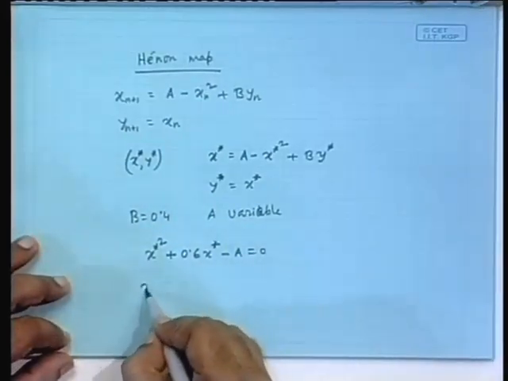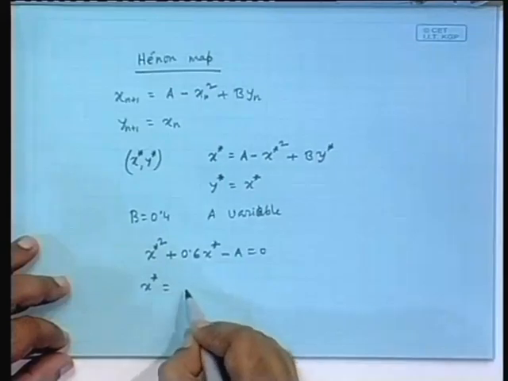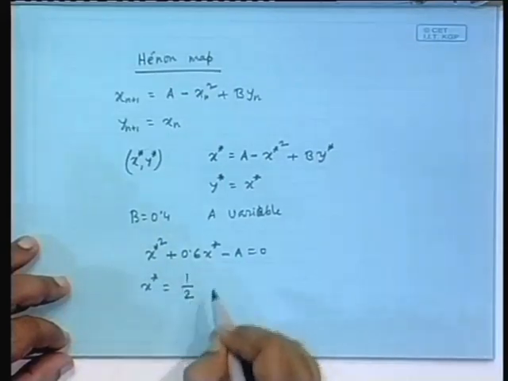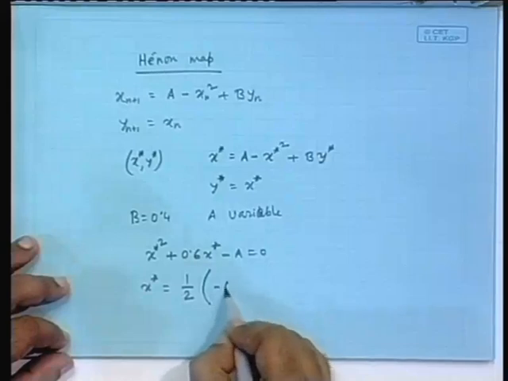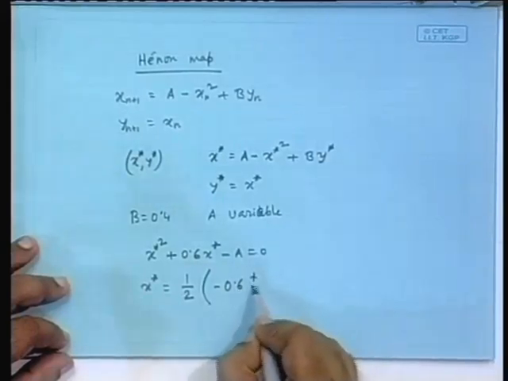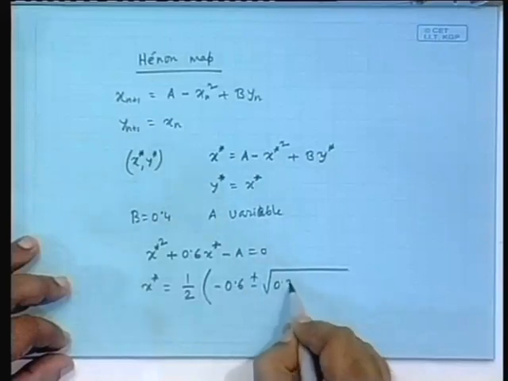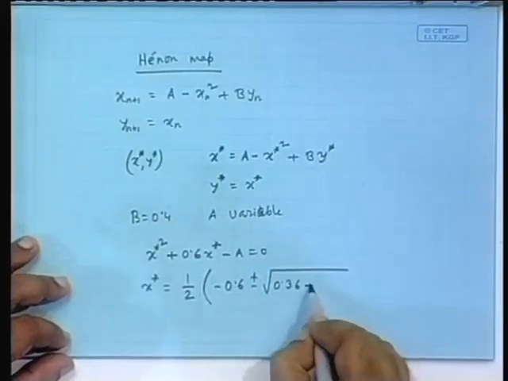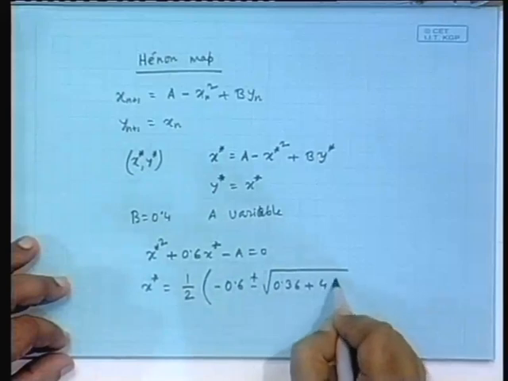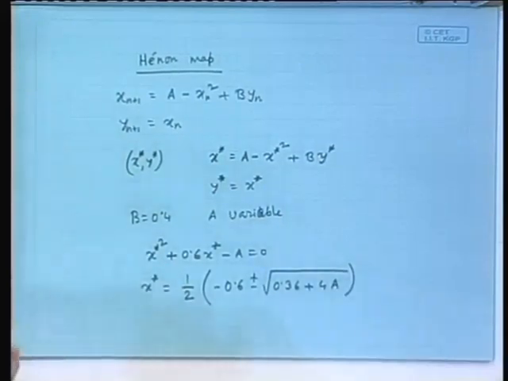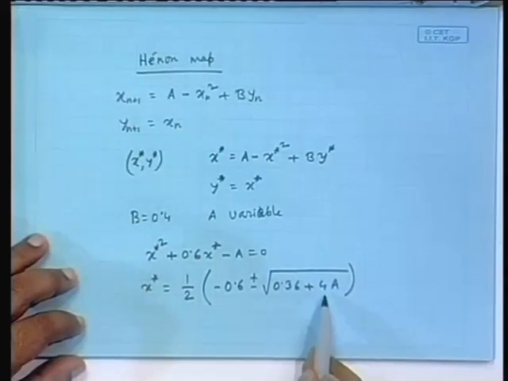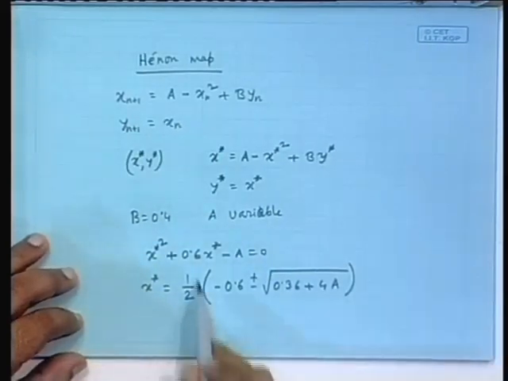So, the x star is half of minus 0.6 plus minus root over 0.36 plus 4a, right. For the sake of simplicity, let us take 4 out and cancel this.